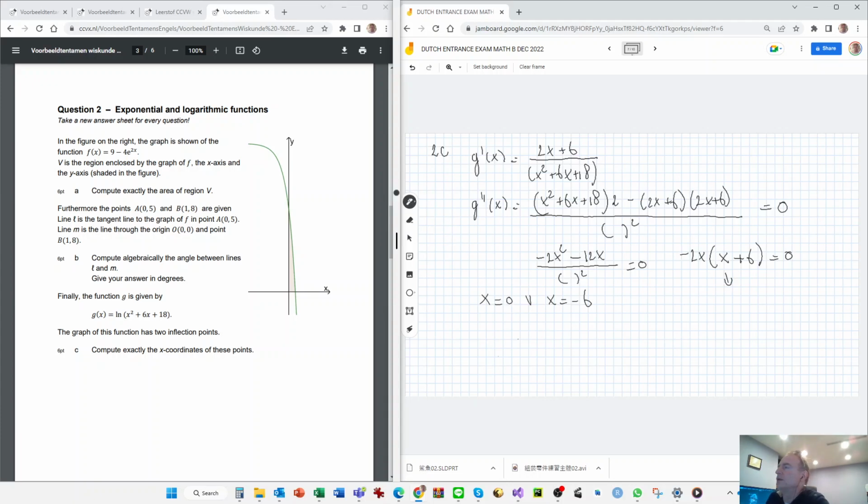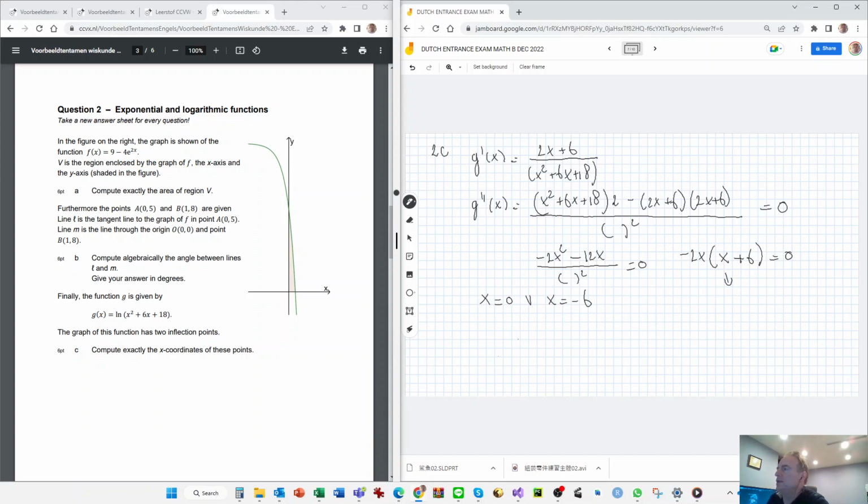Well, looking here at the expression for the second derivative, around 0 it will change sign, and around minus 6 it will change sign.